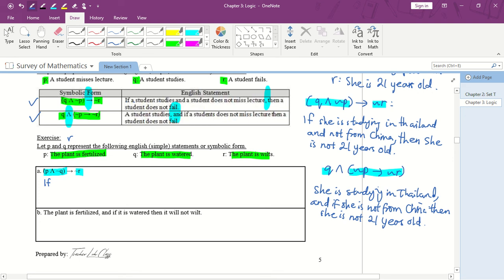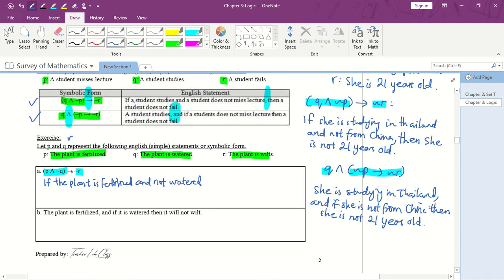So if P is what? If the plant is fertilized and negation Q means not watered.